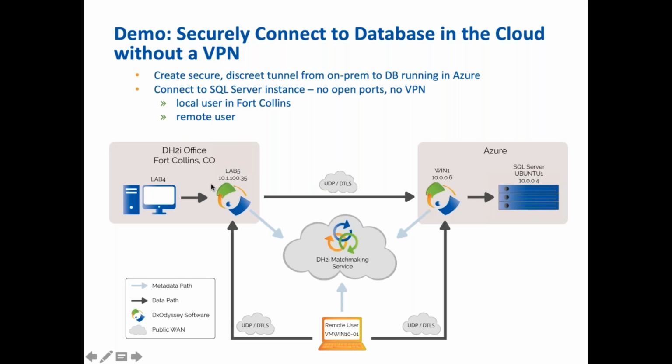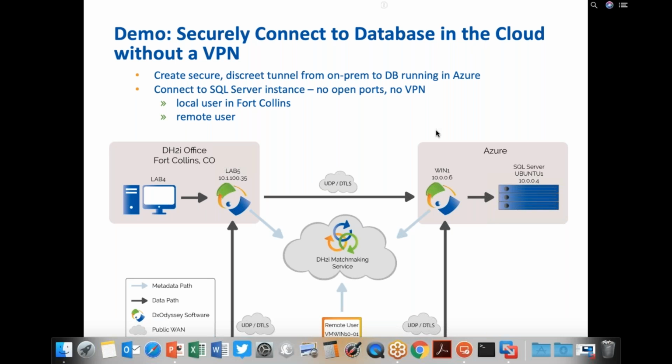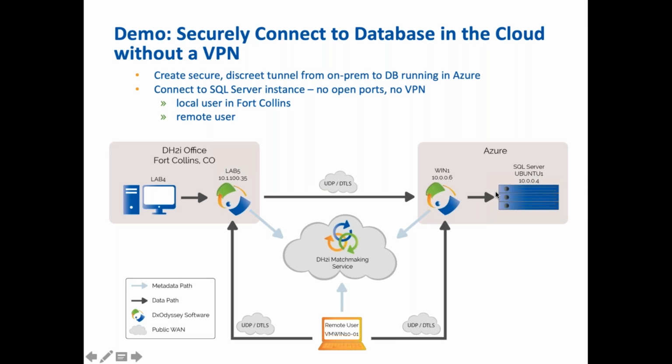So I've already got those gateways together. What I'm then going to do is create a tunnel between them from the on-premises gateway to a SQL Server instance that's running in the Azure environment. So sitting next to this gateway machine in Azure is a SQL Server.